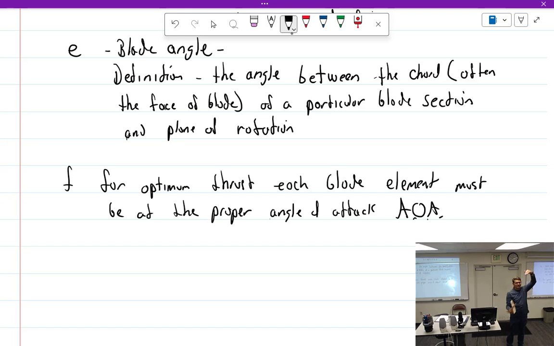Oh no, it's still zero. If I've got this pointed at the direction of flight, what's my angle of attack? Zero. Now what's the angle of attack? Okay, now it's close to 90. Now it's like 45 degrees, right? Because it's hitting right here. Is that going to work that way? For a little while, if you have enough horsepower. Then what's it going to do? Stall. And then it's going to fly again.